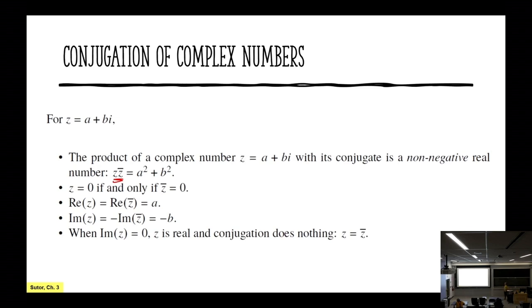The real part of z and the real part of the conjugate of z is a. The imaginary part of z is b, and the imaginary part of the conjugate of z is negative b. And when the imaginary part of z is 0, z is real and conjugation doesn't do anything. So z is equal to z bar.